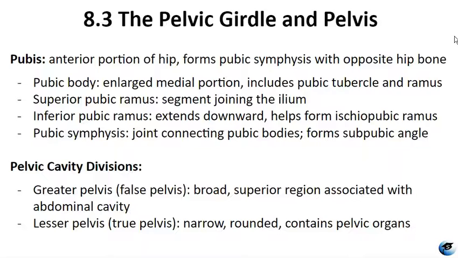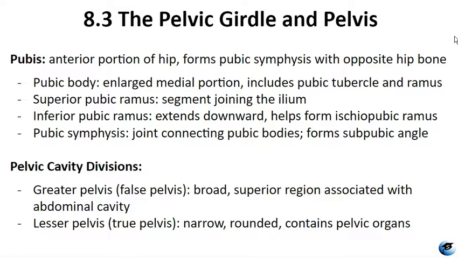The pelvic cavity is divided into two main regions: the greater pelvis, also known as the false pelvis, which is broad and superior, associated with the abdominal cavity. And then you have the lesser pelvis, or true pelvis, which is narrow, rounded, and contains pelvic organs. Understanding these structures helps to comprehend the pelvic anatomy and its functional divisions.